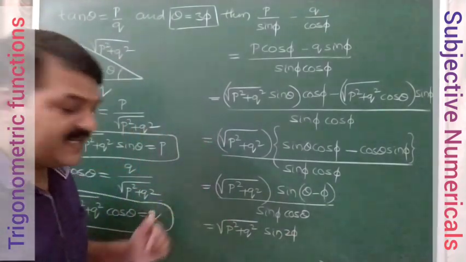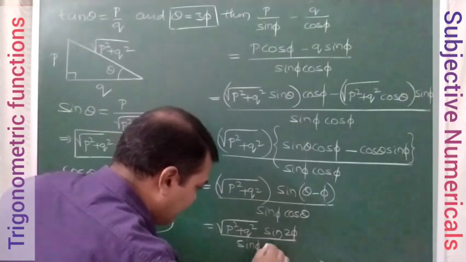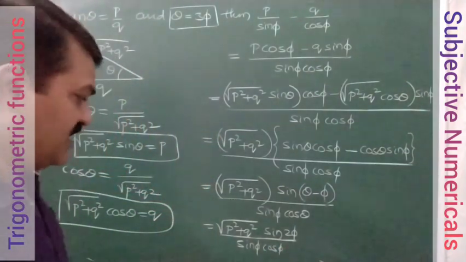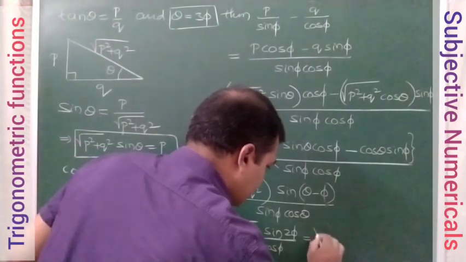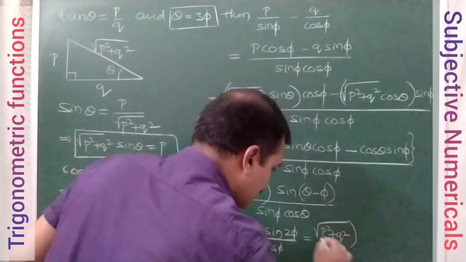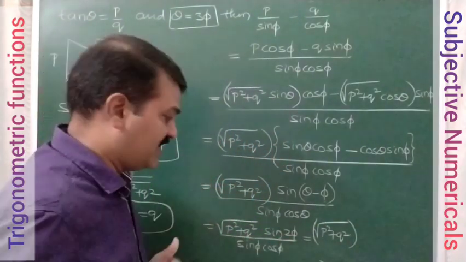So this is numerator part. Denominator same, sin phi cos phi. Denominator anyhow we are not changing. Now we will write this as under root P square plus Q square sin 2 phi, sin 2A formula application.